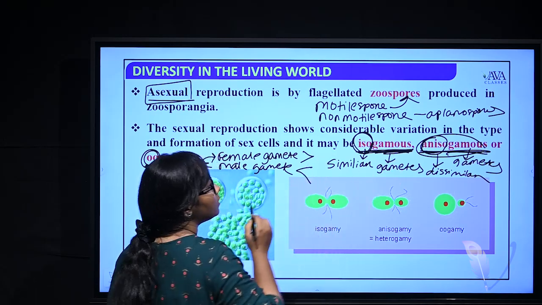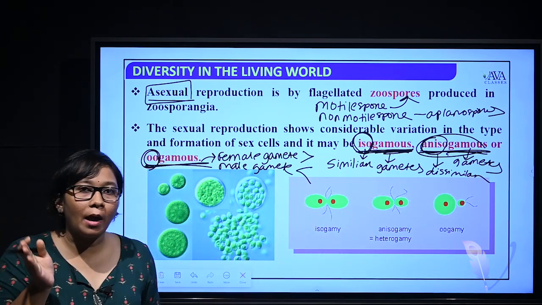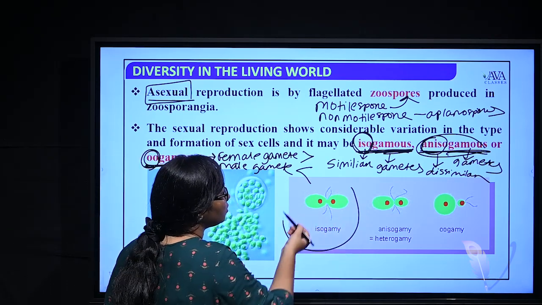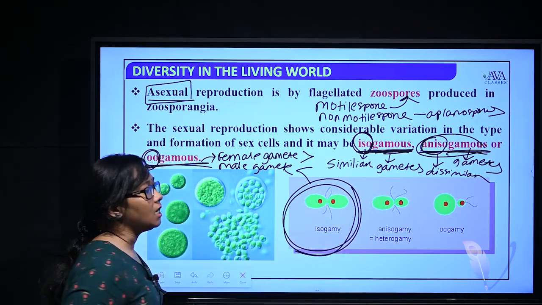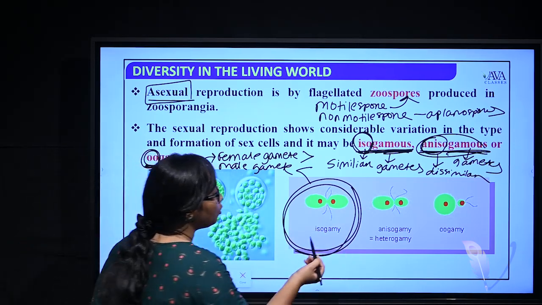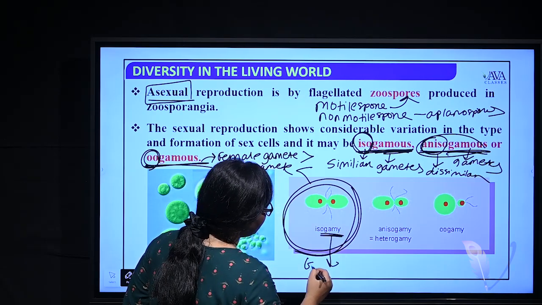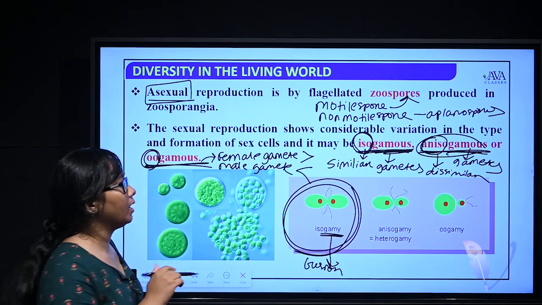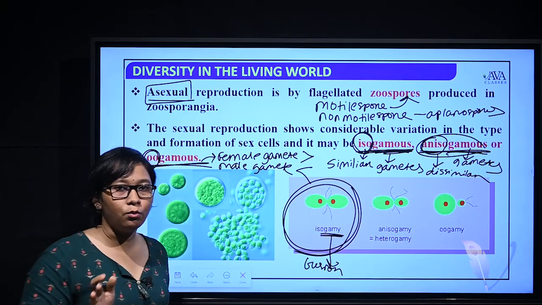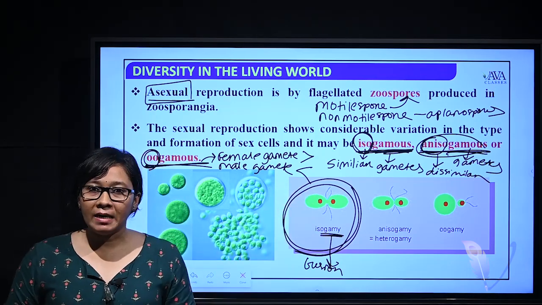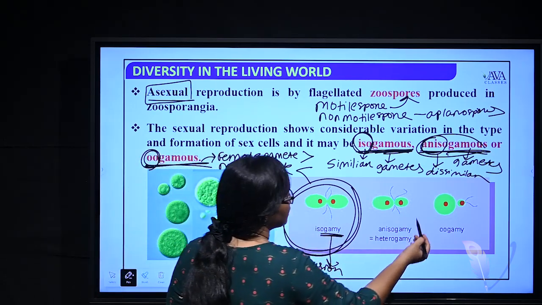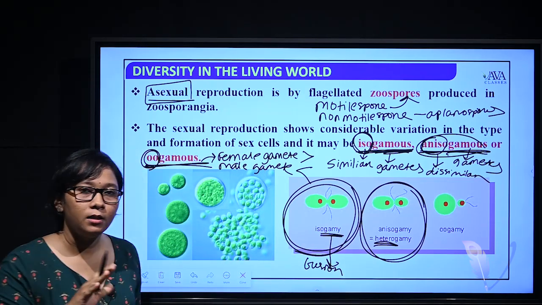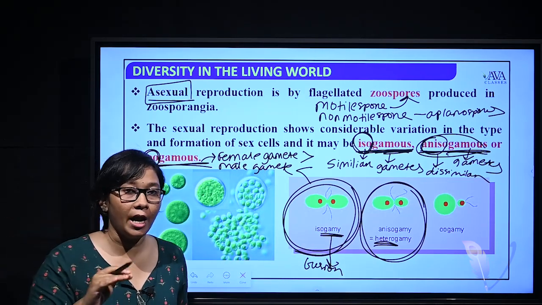If isogamous gametes, or the similar gametes, are fused, that type of fertilization process is called isogamy. Do you know what gamy is? Gamy means fusion. So that type of fertilization is called your isogamy. If anisogametes fuse, or dissimilar gametes are fused, that process is called your anisogamy or heterogamy. Hetero means different.